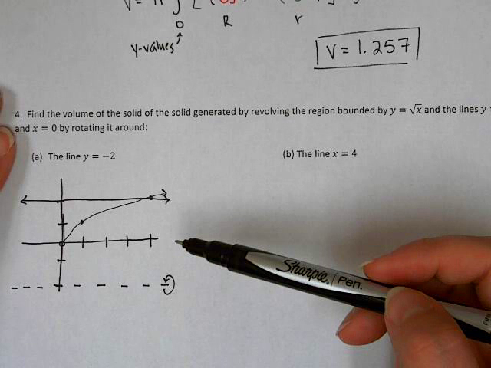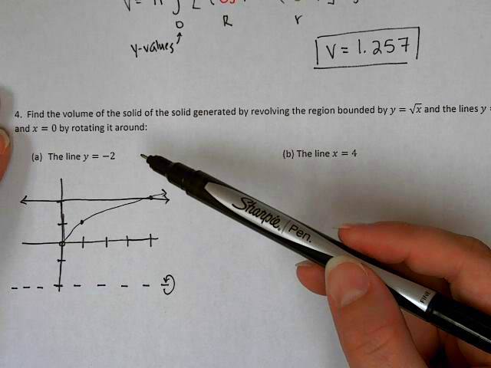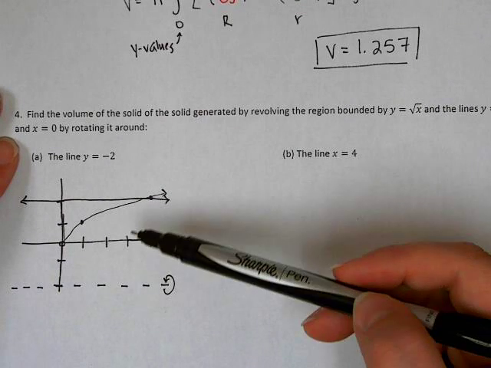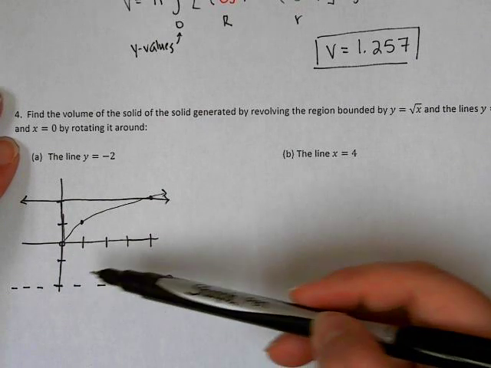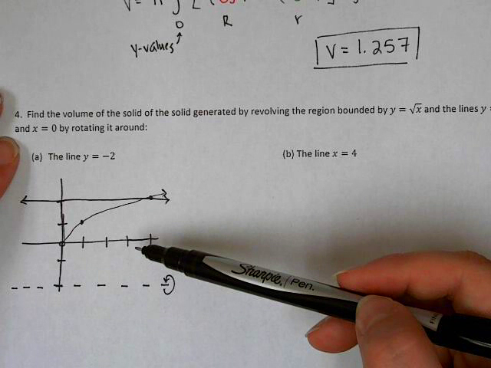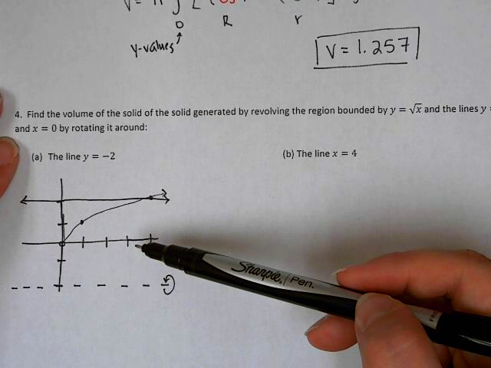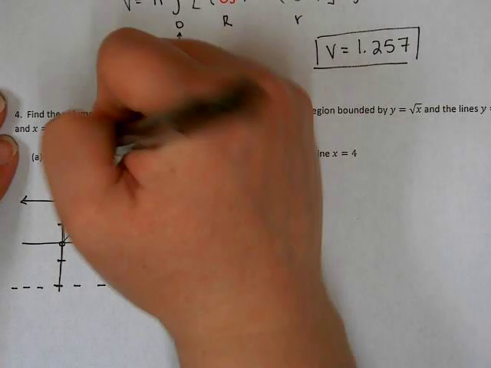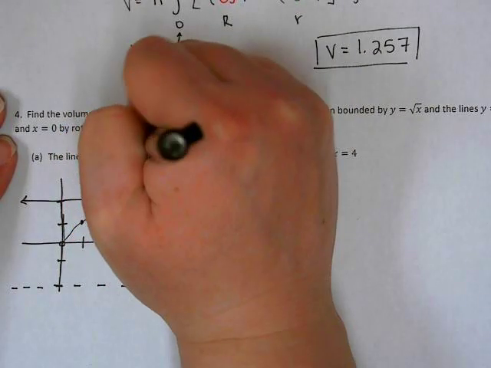So we need to decide whether this is going to be with respect to x or respect to y. So if we look, we're rotating around this horizontal line, which is parallel to the x-axis. So this is going to be similar to rotating around the x-axis, which means we're going to integrate with respect to x.